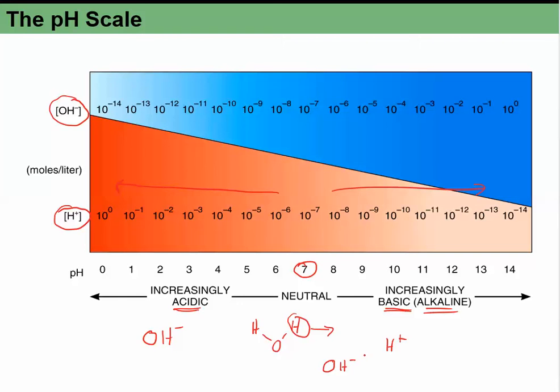When these are exactly the same, you have water. If you have an abundance of hydrogen, it's acidic, but just the opposite, if you have an abundance of OH and there aren't enough hydrogens to make water, it's basic.